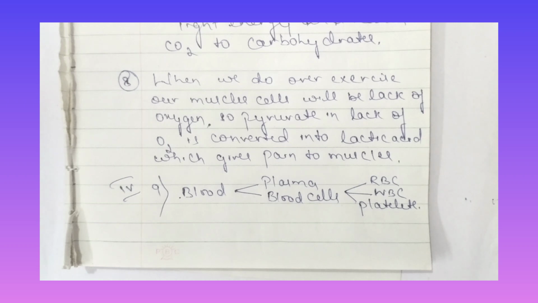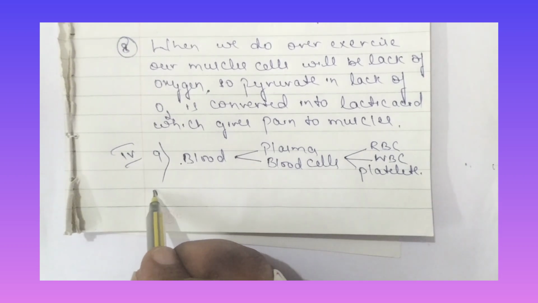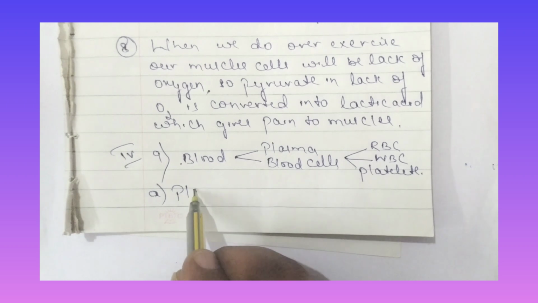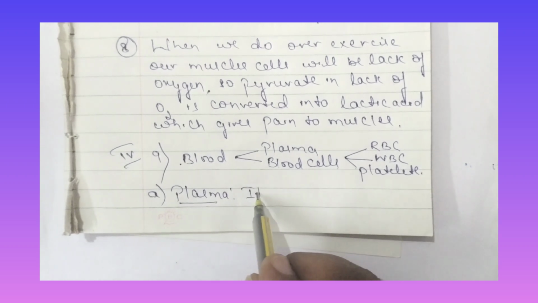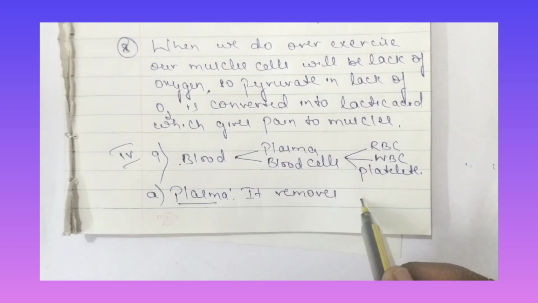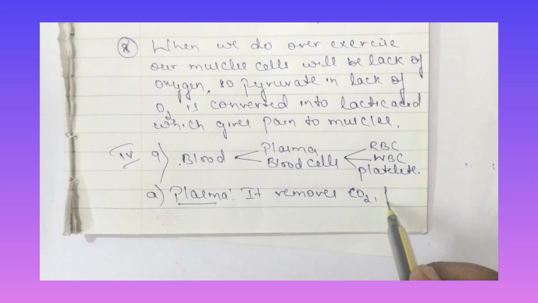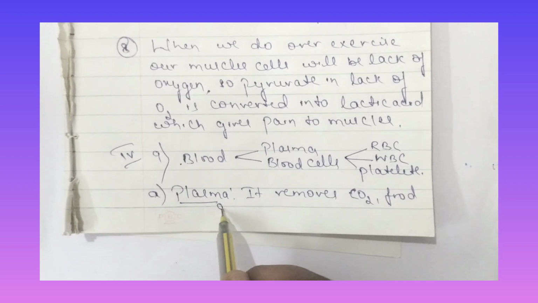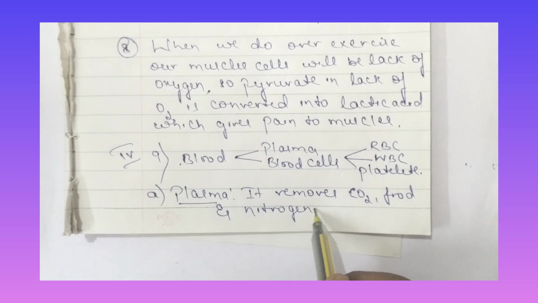Now let us write the function of each component. The first component is called plasma. It removes carbon dioxide, food, and nitrogenous waste.